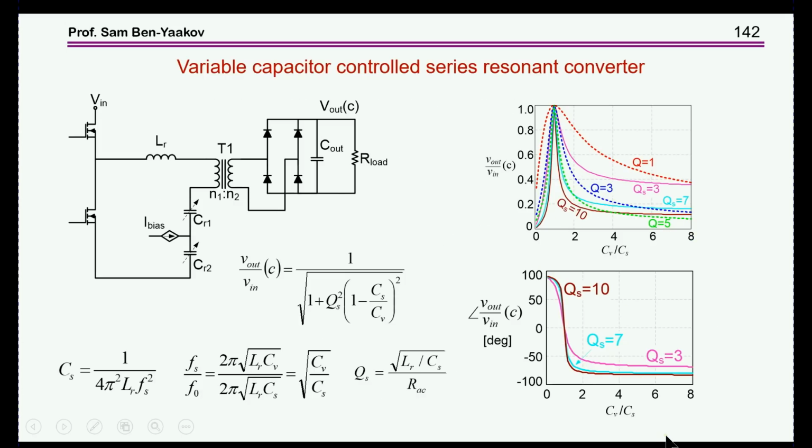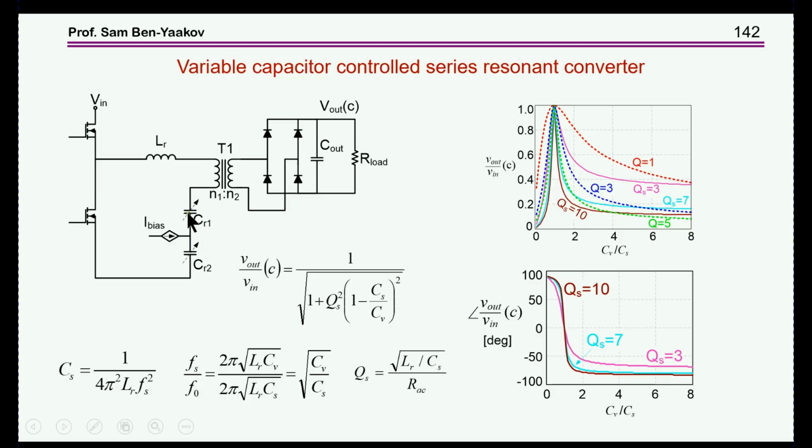So how do you implement something like that? Well, here is a typical half-bridge series resonant converter with the inductor and capacitor. Now we can either use one voltage-dependent capacitor, here it is, plus a capacitor which is linear.